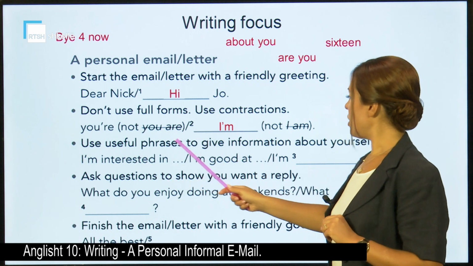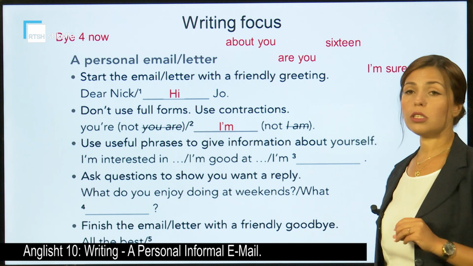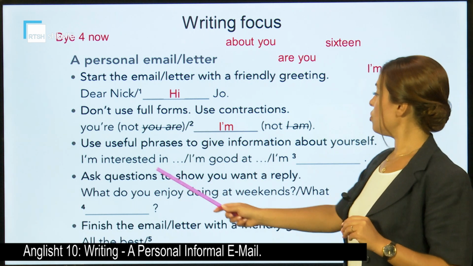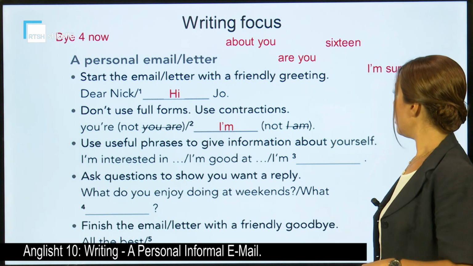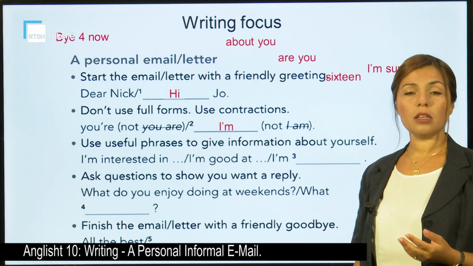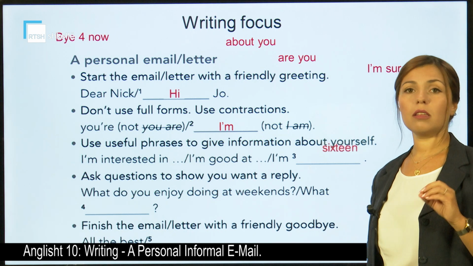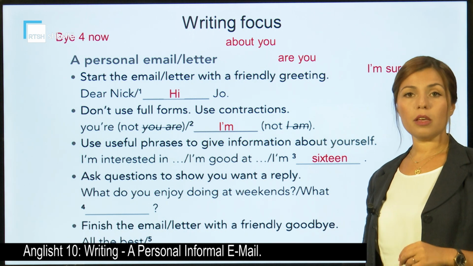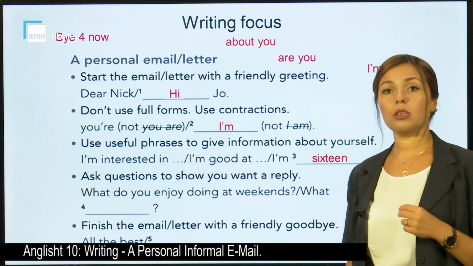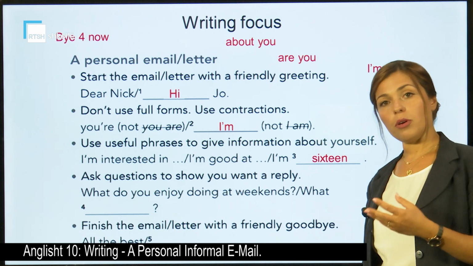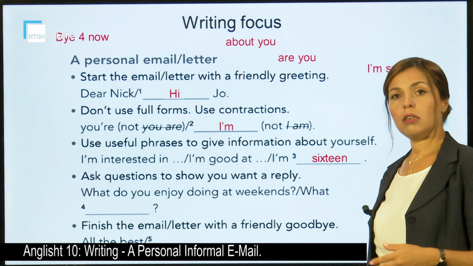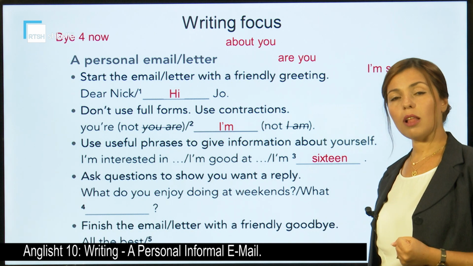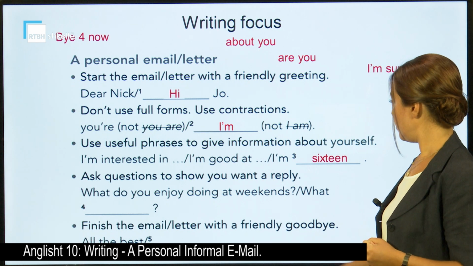Use useful phrases to give information about yourself. I'm interested in, I'm good at, I am 16. So we said that in the second paragraph we give basic information about ourselves, our age, our school, then what we like, what we don't like as hobbies.